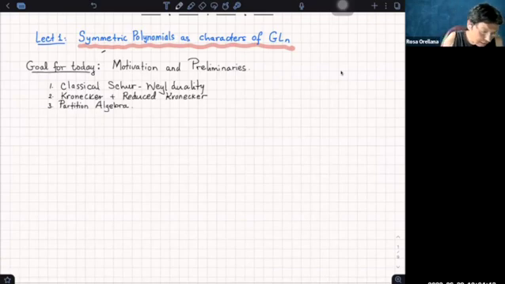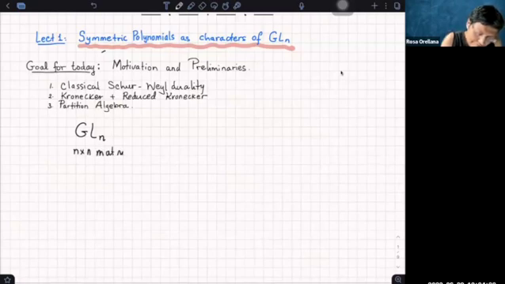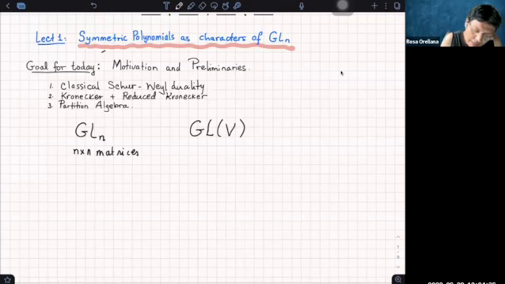So the main idea is to motivate and give you some preliminaries of what's known. I want to begin by saying that today I'm talking about the general linear group, and there are 2 ways that I usually think about it, as n by n matrices, or you could think as GL(V). This is the linear transformations where this vector space has dimension n.